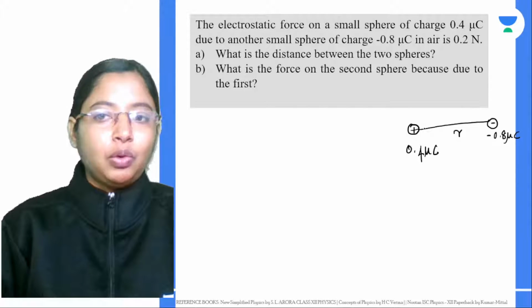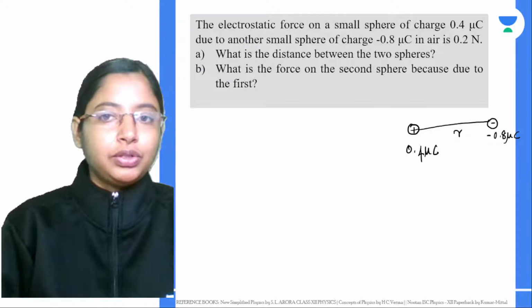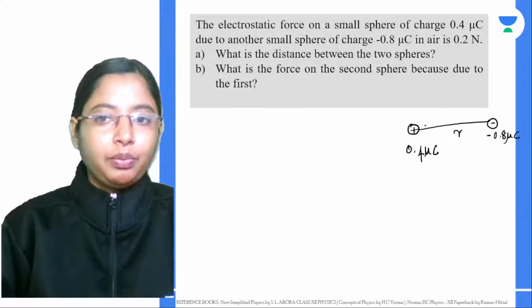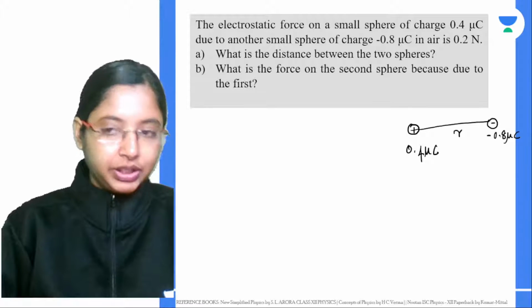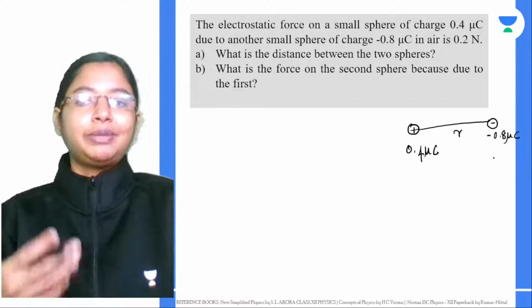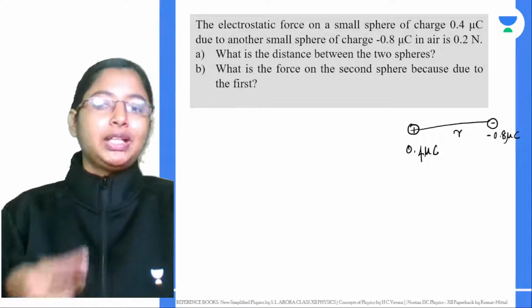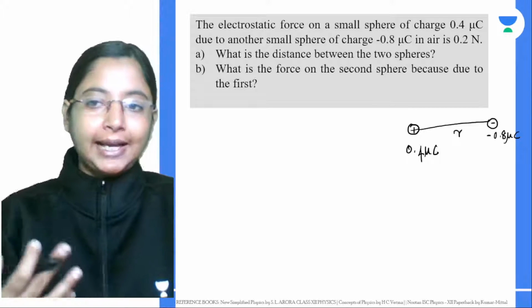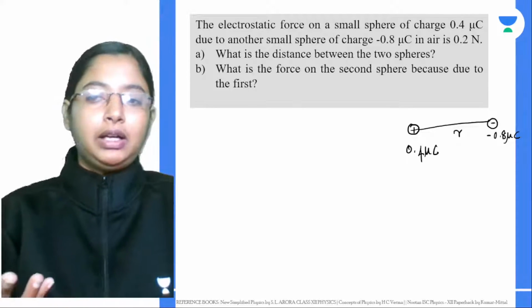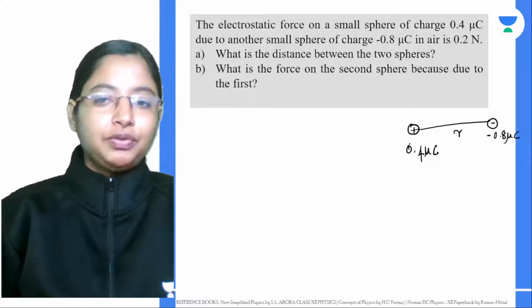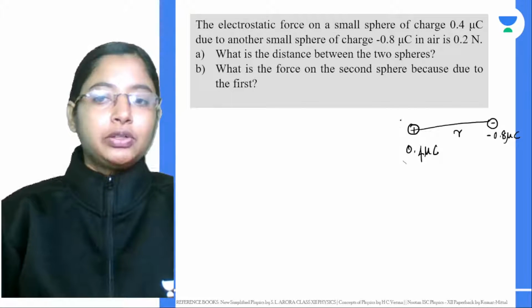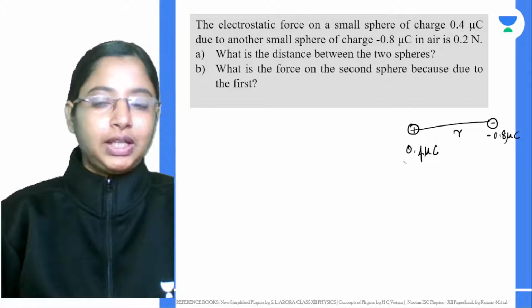But we know the force on the small sphere of 0.4 microcoulomb. Because it's minus 0.8 microcoulomb doesn't mean it has a lower charge. The sign indicates that it's a negative charge, and the positive sign indicates a positive charge. The magnitude of the negative charge is more.